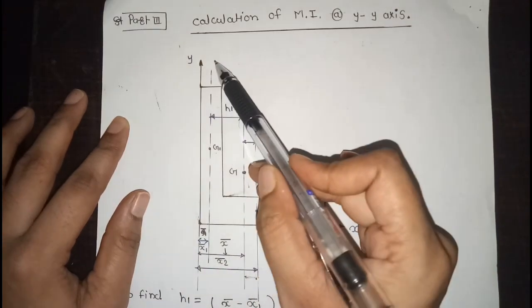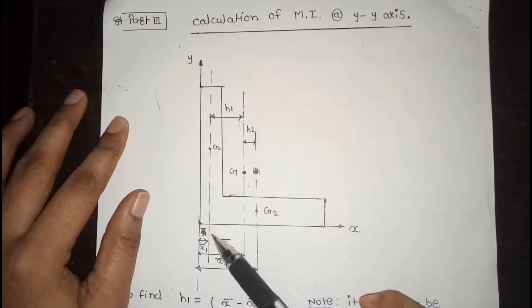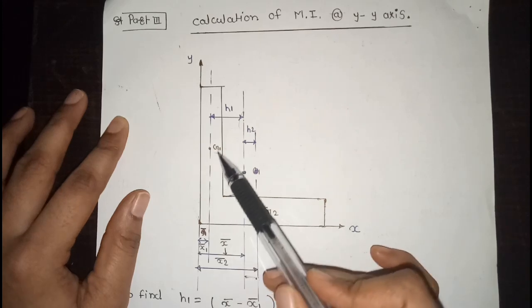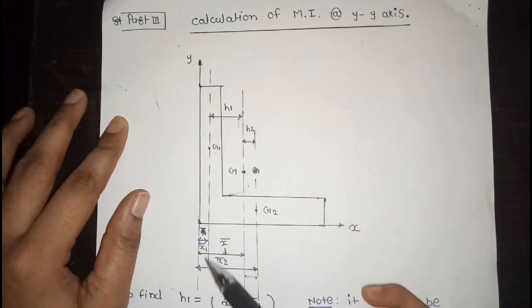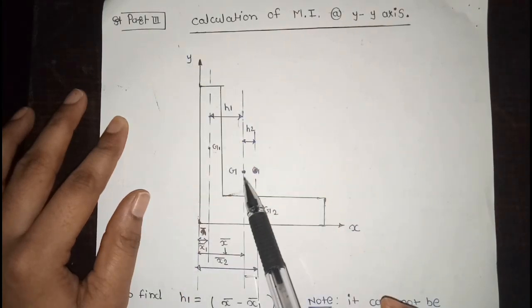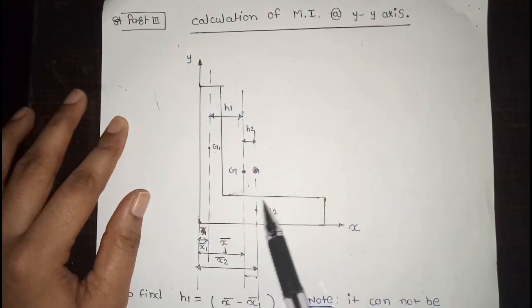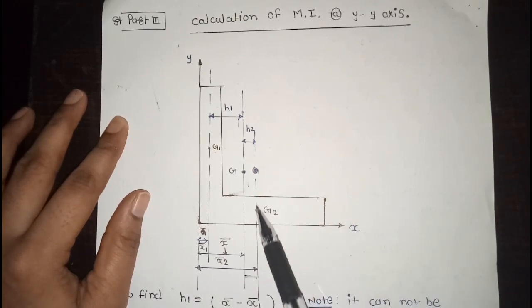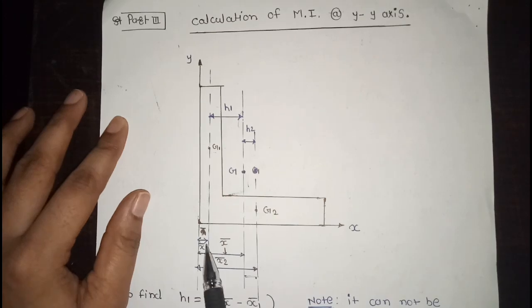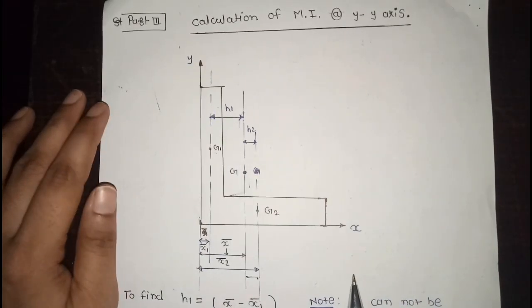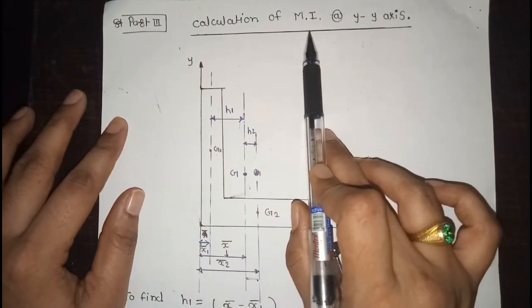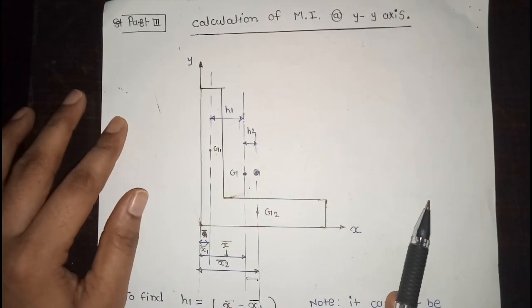G1 is the centroid of the first section, with an axis passing through it parallel to the y-axis. G is the centroid of the whole area, G2 is for section number second, with its axis also parallel to the y-axis. All the axes are parallel to the y-axis, because we have to calculate moment of inertia about y-axis.